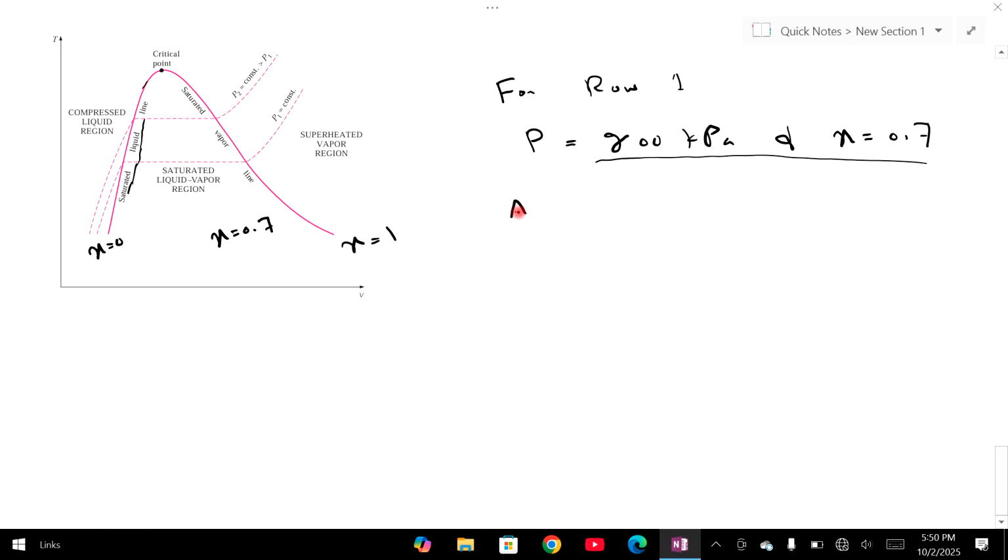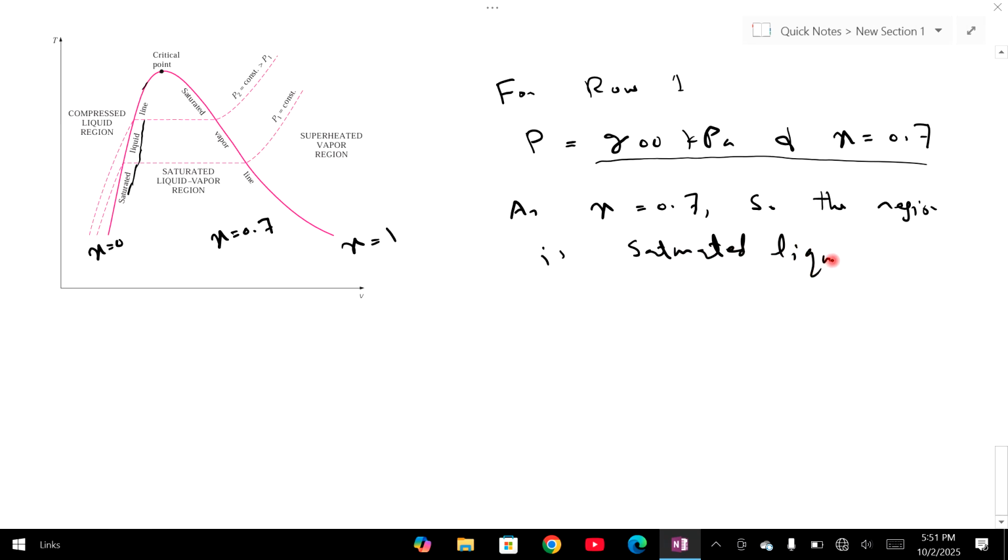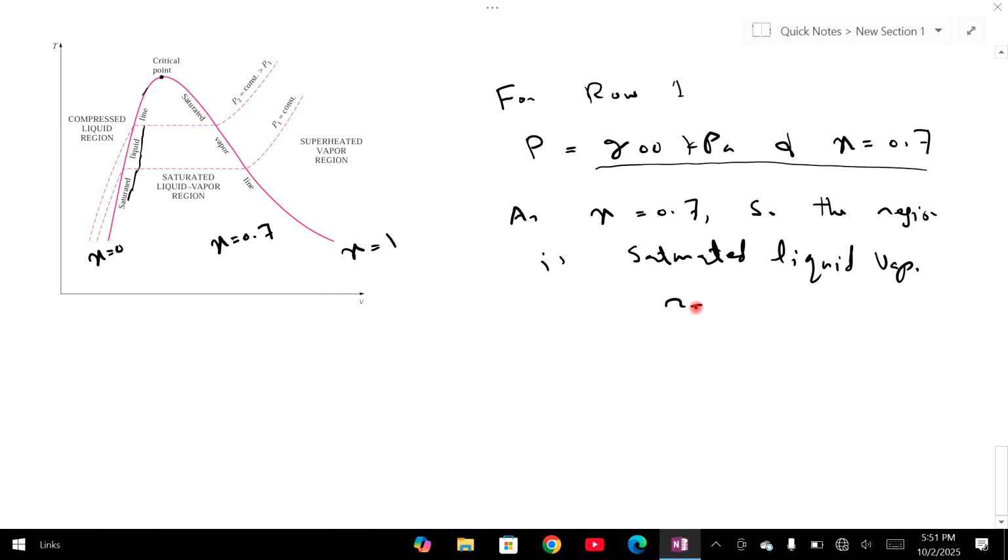As x is equal to 0.7, for row 1 the region is the saturated liquid-vapor region, which means a mixture of liquid and vapor.